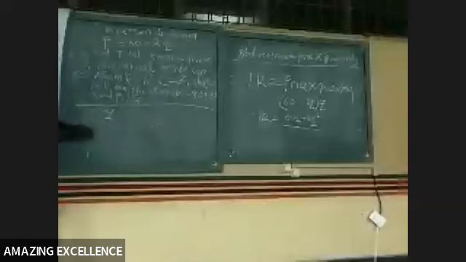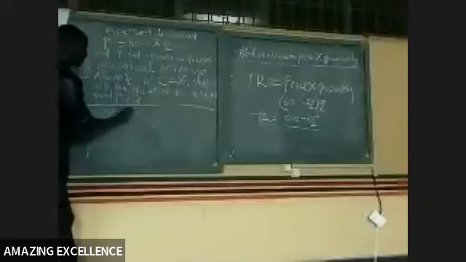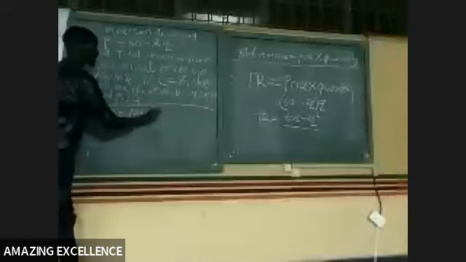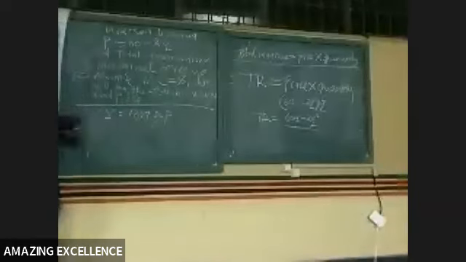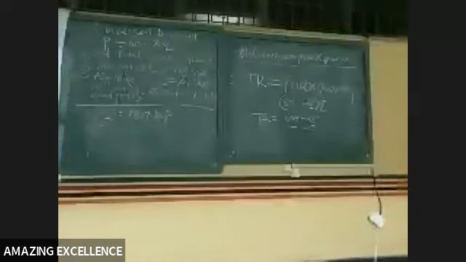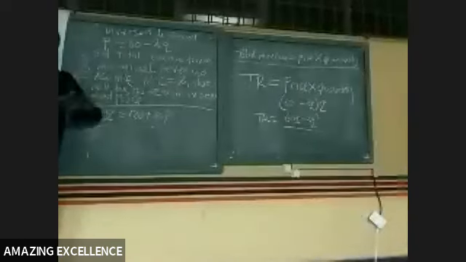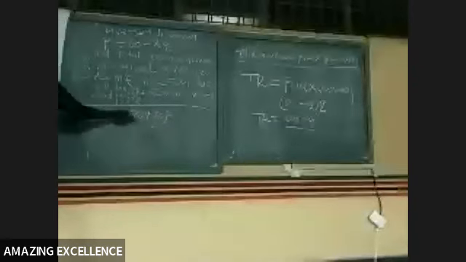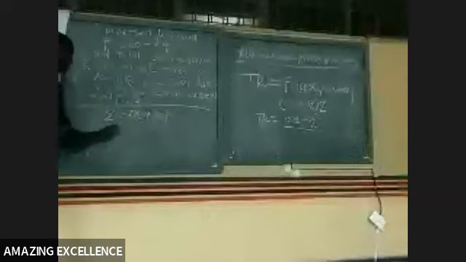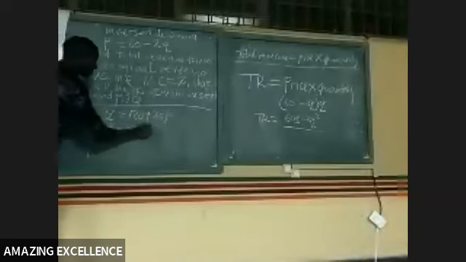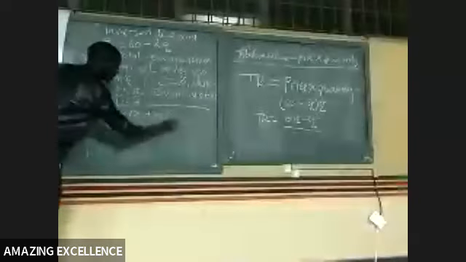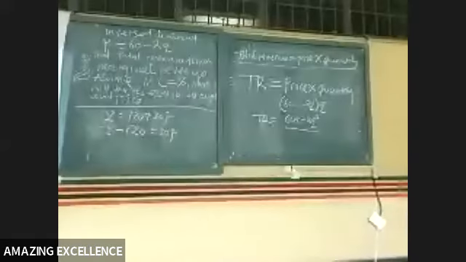For example, let's say you have quantity equal to 120 plus 30P. This is an assumption, assuming you have this demand function. So how do we make P the subject of the formula, or make the inverse demand function? How do you do it? It will be Q minus 120 equal to 30P, right?